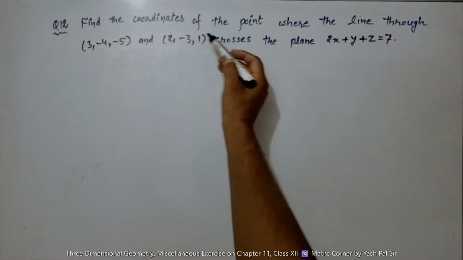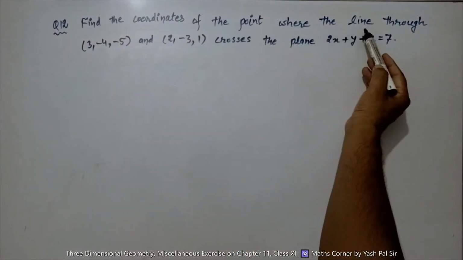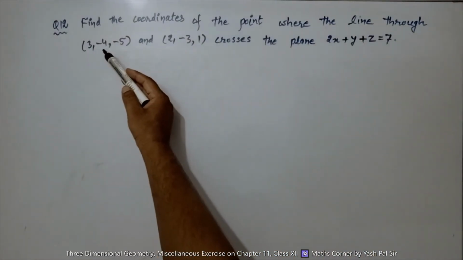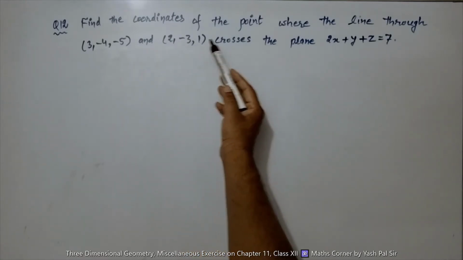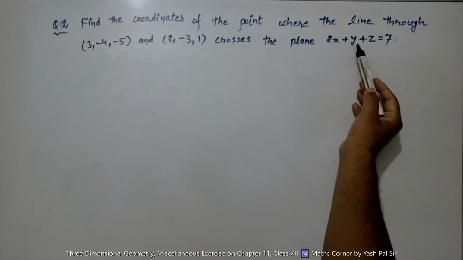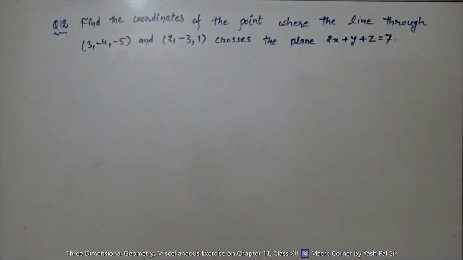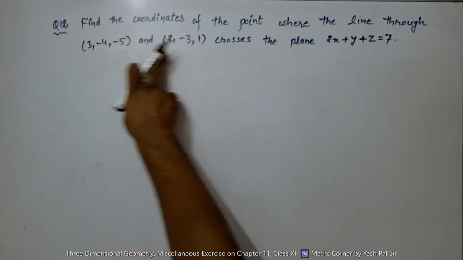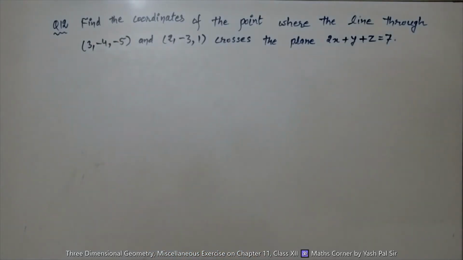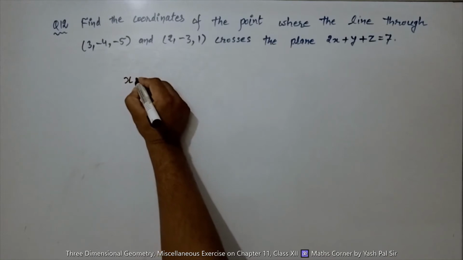Question number 12. Find the coordinates of the point where the line through (3, -4, -5) and (2, -3, 1) crosses the plane 2x + y + z = 7. Again we have to find the equation of the line which passes through these 2 points.